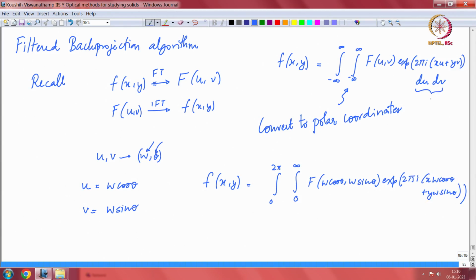And du dv, if you convert to polar coordinates, will give you w dw d theta, right, like r dr d theta, only now in the frequency domain. Okay, so this is nothing fancy so far, we have only written down the inverse Fourier transform in polar coordinates.